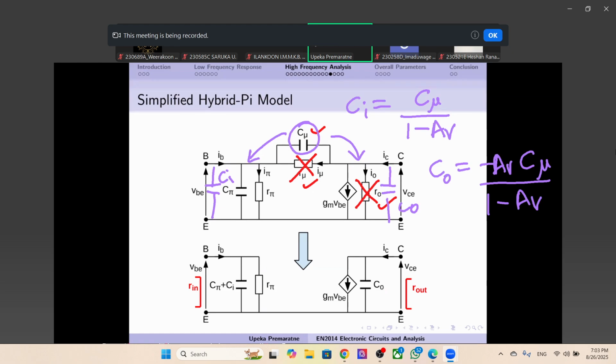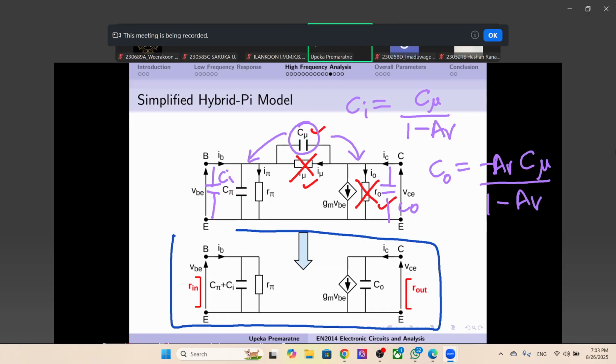So here we have the simplified hybrid pi circuit. It's there in the slide that I uploaded.